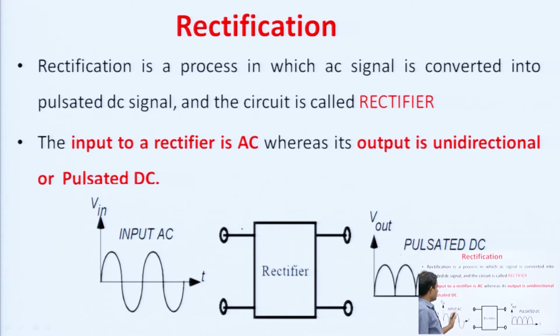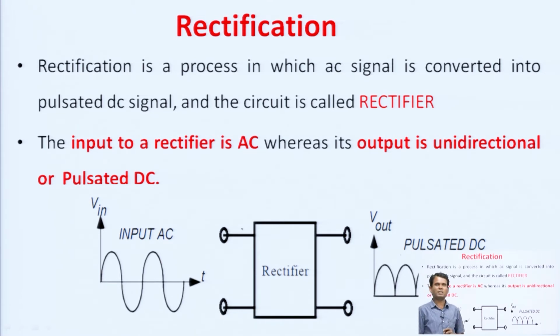This means the input of the rectifier circuit is the alternating signal, and the output of the rectifier circuit is the pulsated DC. Why is it called pulsated? Because it is in terms of pulses, it is not constant. That is why it is called pulsated DC, and this process is known as rectification, and the circuit which performs the rectification process is called a rectifier circuit.